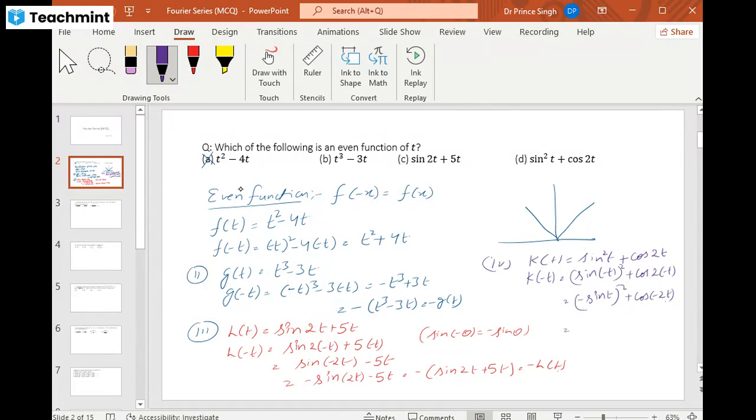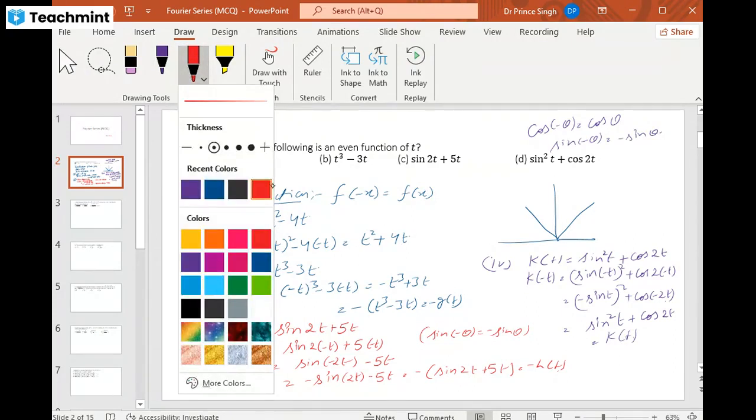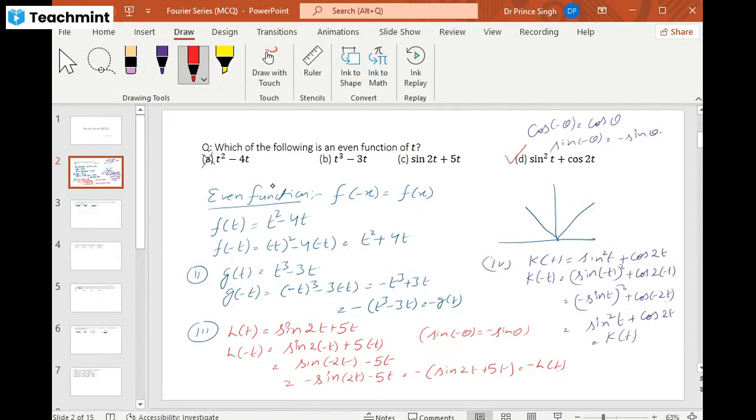Because in the fourth quadrant cos is positive and minus square is also positive, this is sine square t plus cos of 2t, because cos of minus theta is equal to cos theta, and sine of minus theta is equal to minus sine theta. So this is again equal to k t only. This is the definition of an even function. So what do we get from here? The correct option is option 4 only. This is the even function of t.